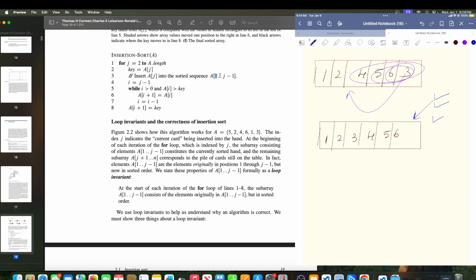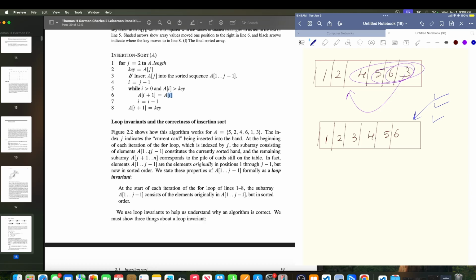I want to check from here till the end. So then I say, when I is greater than 0 and A[I] is greater than key, then replace it: put A[I] into A[I+1], and decrement I by 1.